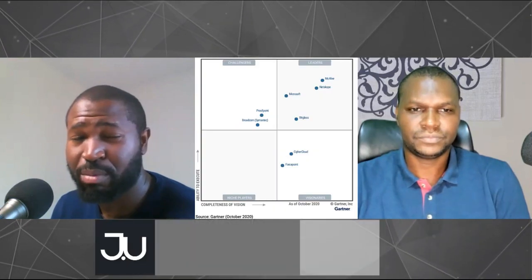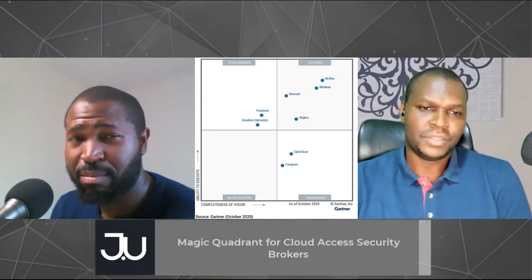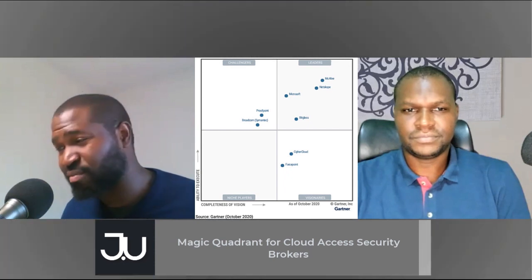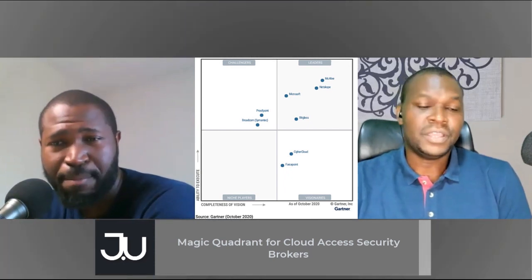But now, if I wanted to go for CASB, without being promotional, I think Gartner lists out the top 3 or 4 CASB providers out there. I know Microsoft is definitely one of them. I'm not too sure about the rest. I know Microsoft because I've worked with that before.